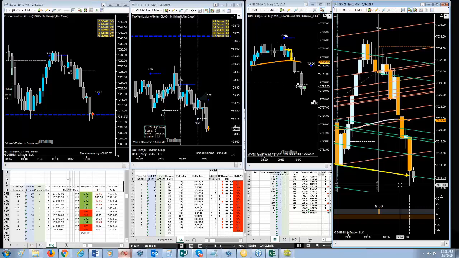Everything we're doing here works across multiple time frames.